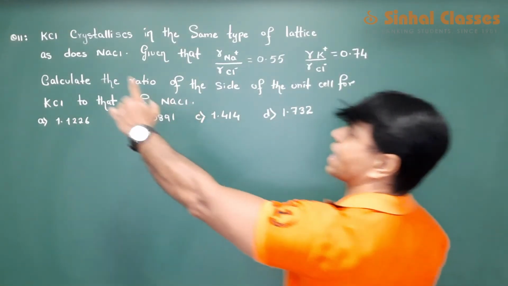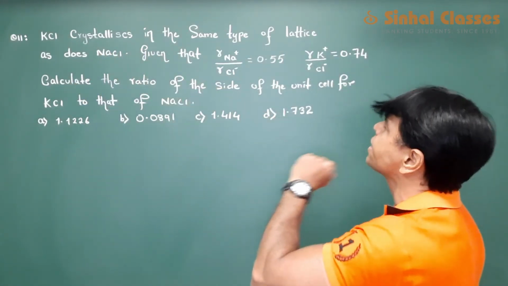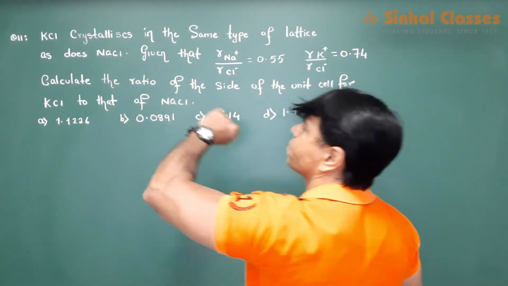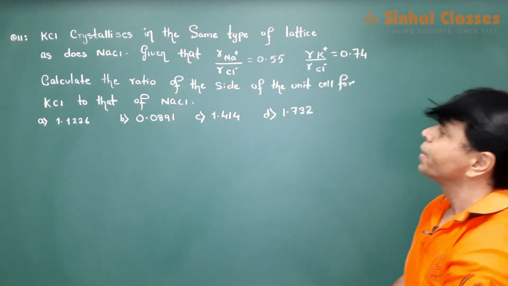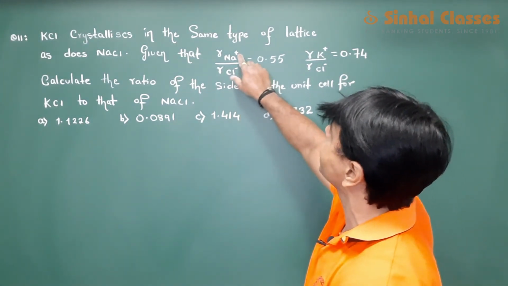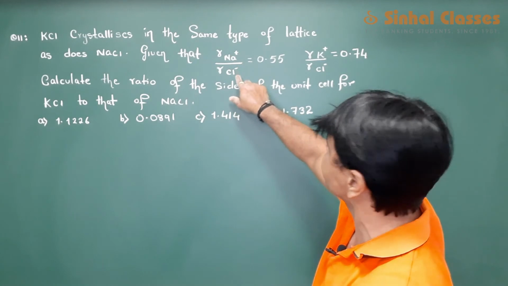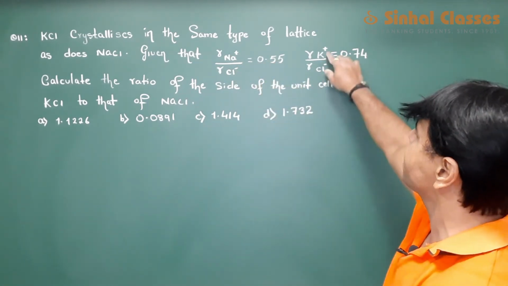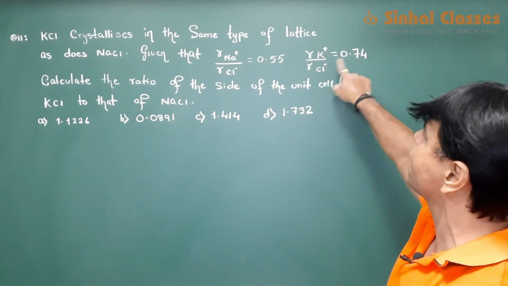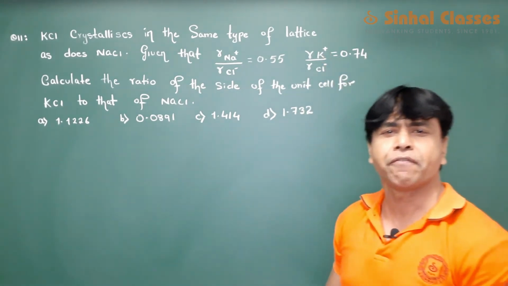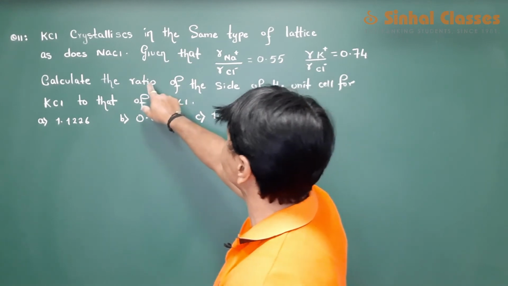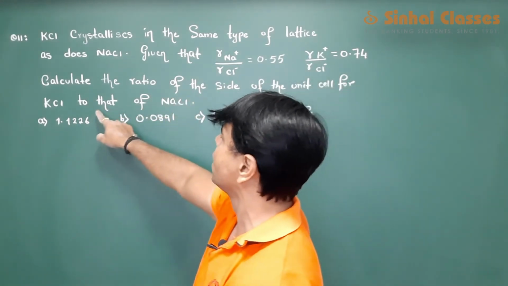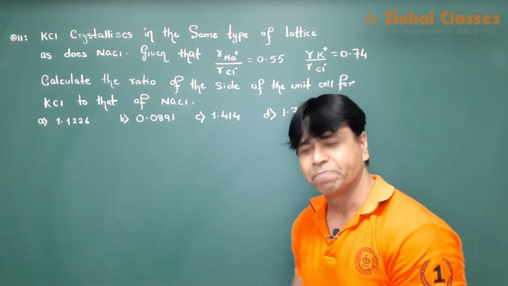Potassium chloride KCl crystallizes in the same type of lattice as does sodium chloride NaCl. Given the ratio of radius of cation sodium and the anion is 0.55, and the ratio of radius of K plus and radius of Cl minus is 0.74. Calculate the ratio of the side of the unit cell for KCl to that of NaCl.